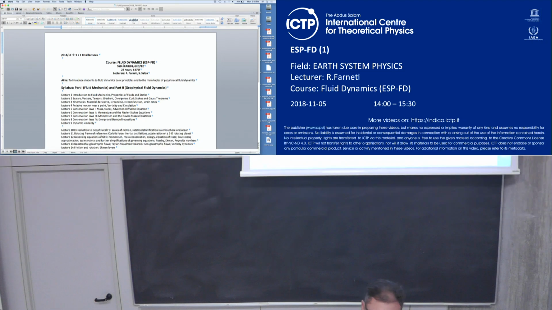From what a Newtonian fluid is to the full momentum equations that you use every day in every course. So the beginning is going to be extremely simple, and then we'll go into the proper dynamics of the fluid. How can we describe the dynamics of the fluid? We'll do conservation laws, mass or tracer. If you're an atmospheric dynamicist, you might want to know how some tracer in the atmosphere, or in the ocean, is transported, for example.